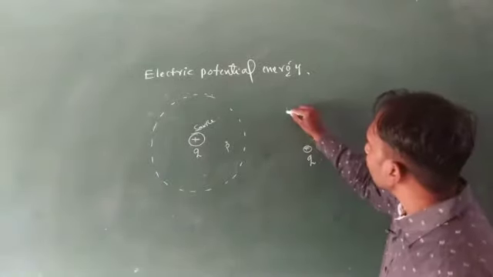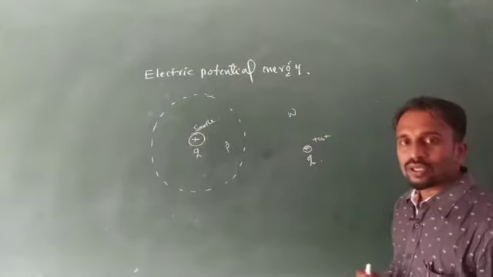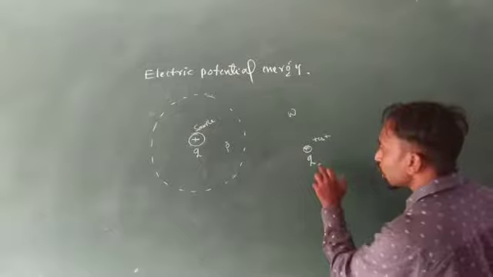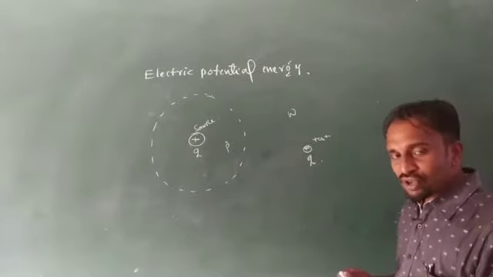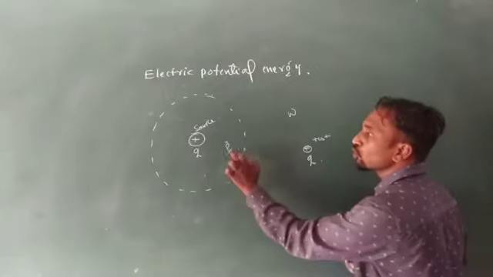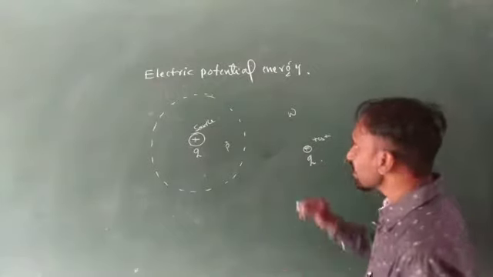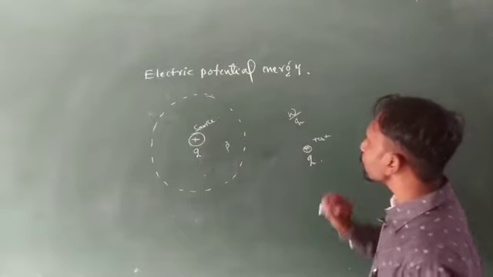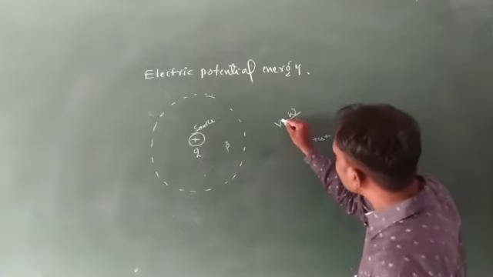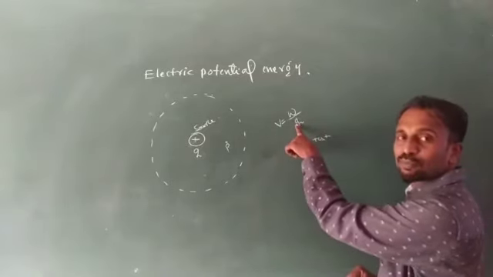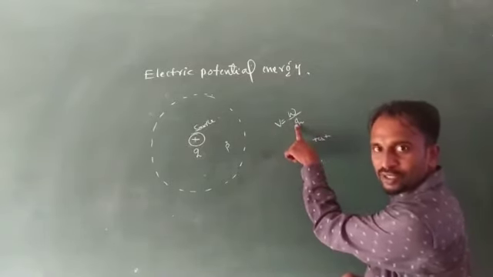We consider this work as W. This work is done on the test charge as we bring it up to point P. This we consider as electric potential or electric potential energy.